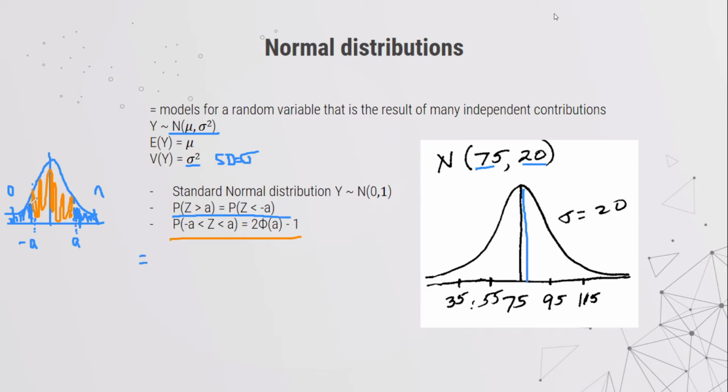Firstly, to calculate this part here, we need the probability of the area that is below a. And from that area, we have to subtract this small thing here, which is the area that is below minus a. In the table we are given that part, but we are not given that part.